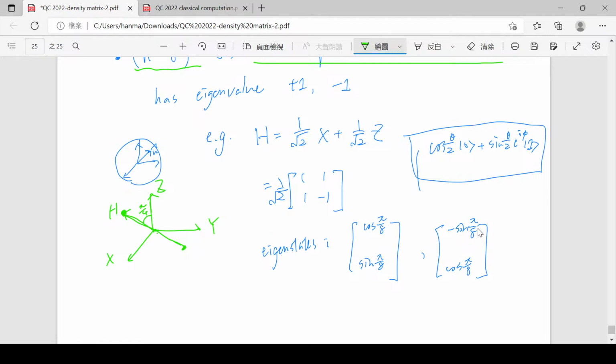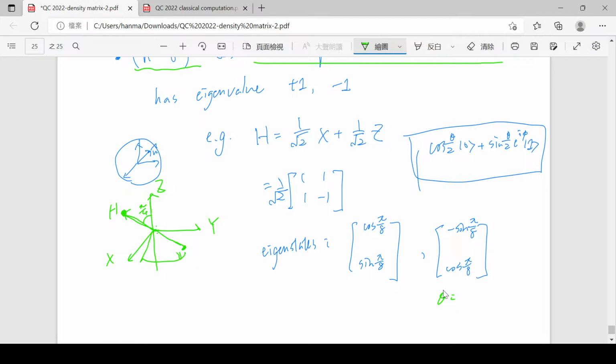And then the minus 1 eigenvector is a similar thing, but there is a negative sign, and you can do a calculation. Essentially on the other side, so it will have, let's say, theta equal to essentially here, then rotate there.